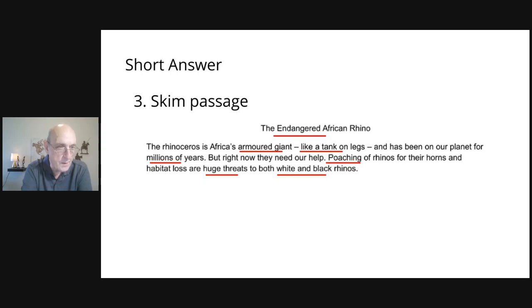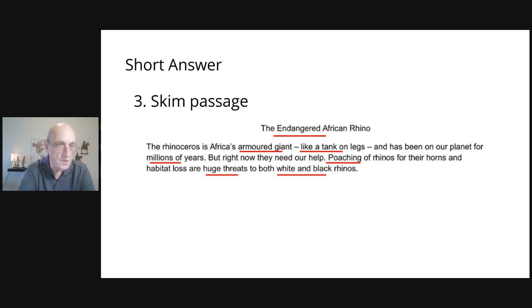At this point, when you're skimming the passage for the first time, you're not looking necessarily for the answers to the questions. What you're doing is you're underlining key information that will help you for every question type that you're going to face for this passage.